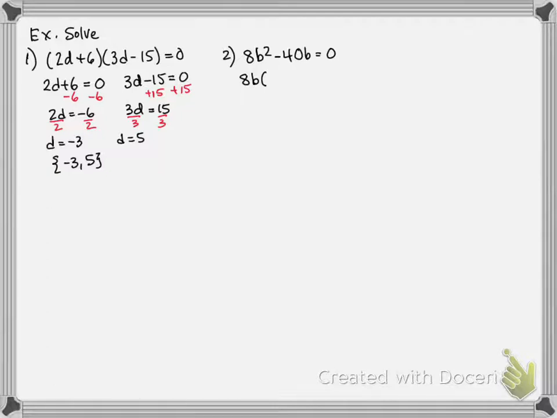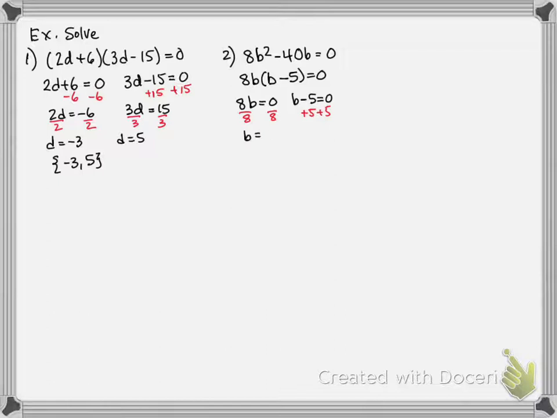So 8b squared divided by 8b is b, minus 40 divided by 8 is 5, b divided by b is 1. Then I'm going to take each of those that contain a variable and set it equal to 0. And then I solve. On the first one, I'm going to divide both sides by 8. On the second one, I'm going to add 5 to both sides.